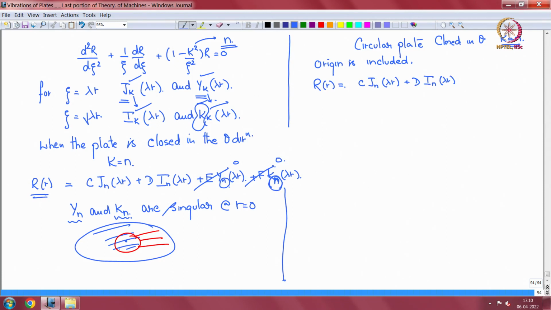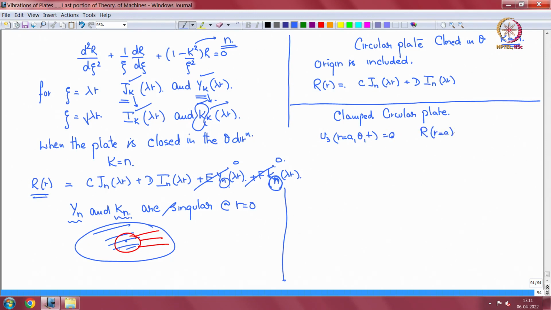Now, we look at one particular case. We look at a clamped circular plate. And what does clamping mean? Clamping means u3 at r equal to a for all theta for all time is 0, and this amounts to R at r equal to a being 0.